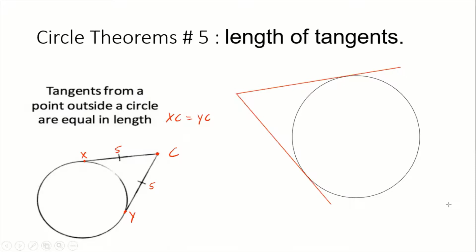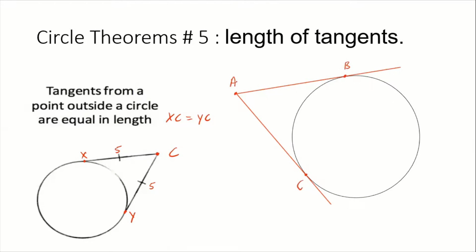Let's name the endpoints. The point right here, let's call that A. The point where it touches the circumference, let's call that B. And the point where it touches the circumference down here, call that C.